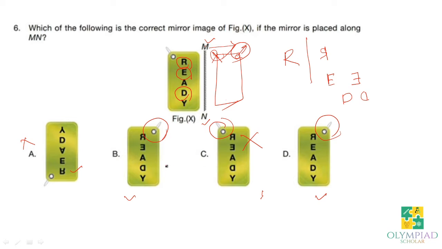In that context, R is correct, but E is written as originally, so E should be turned to this figure. For that reason option D is also incorrect, and you can see R, E, A, D and Y are the correct mirror images. So option B is correct.